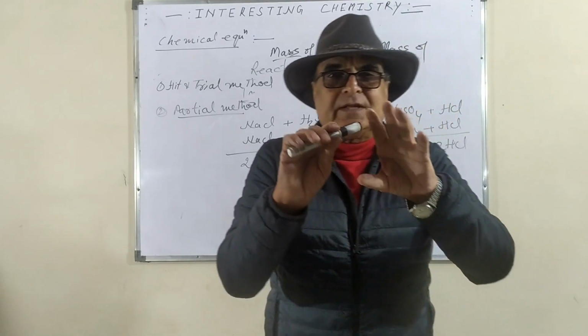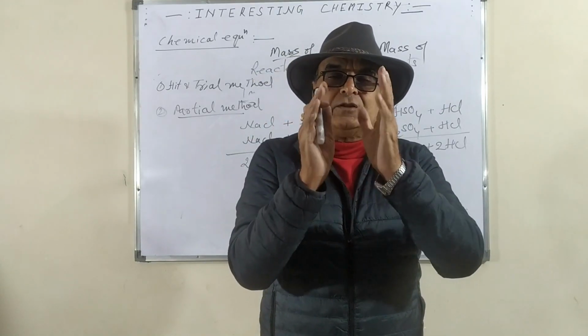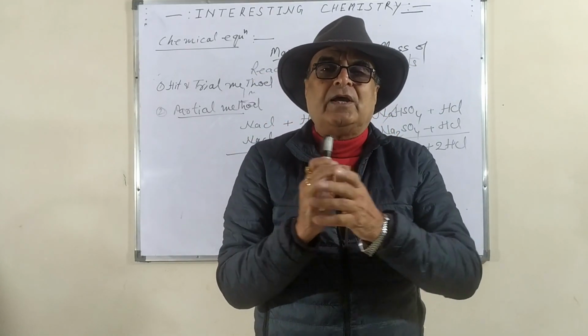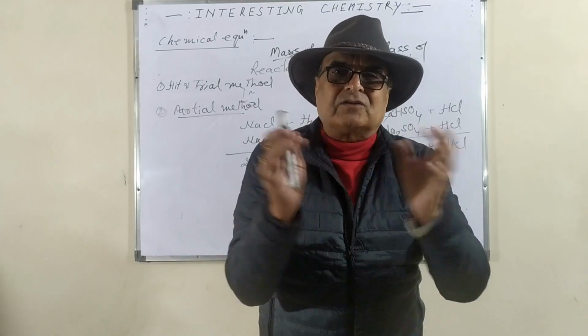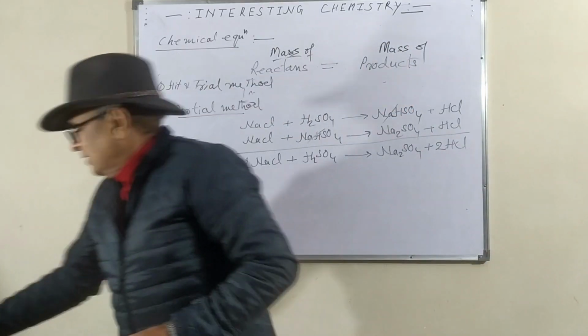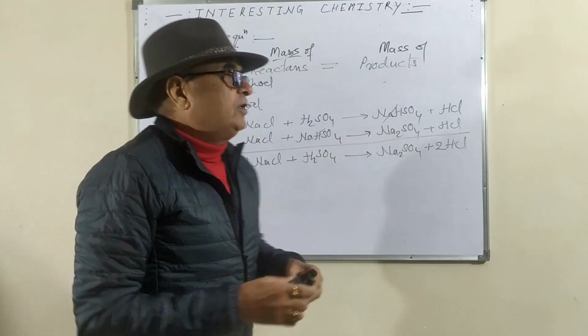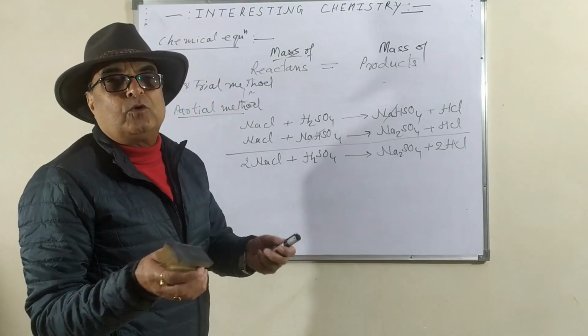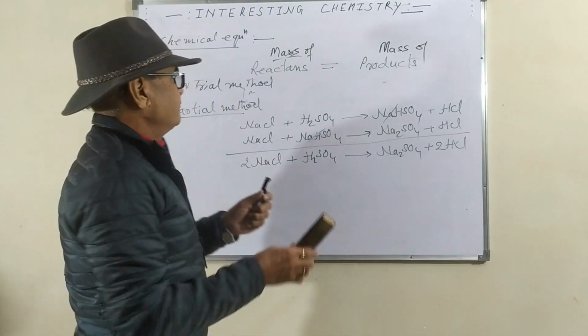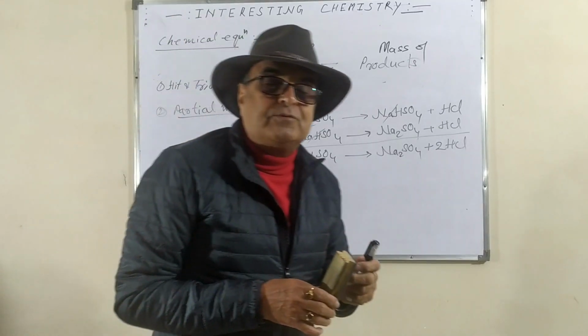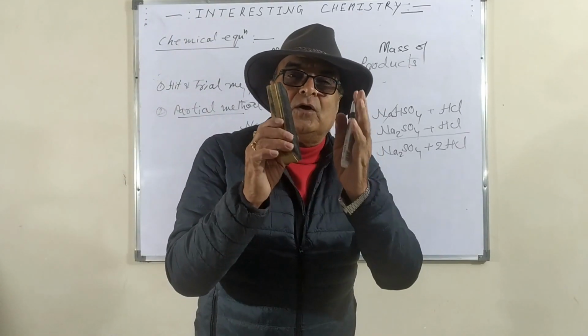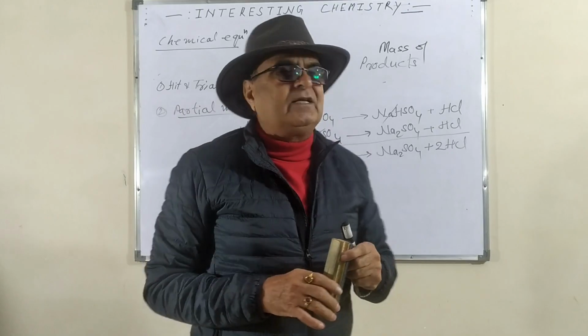But I will explain the balancing of the equation in a huge way, with the help of the types of chemical reaction. As you know, there are 4 types of chemical reaction.